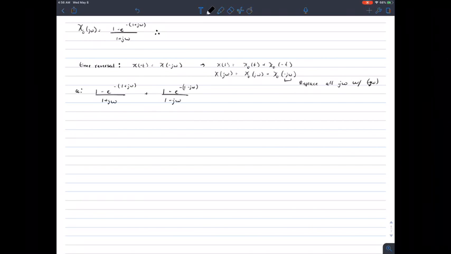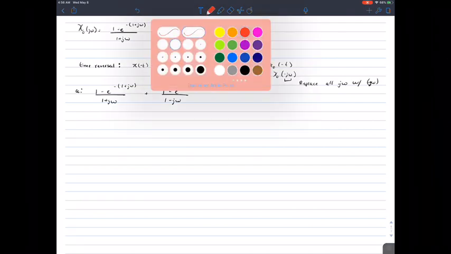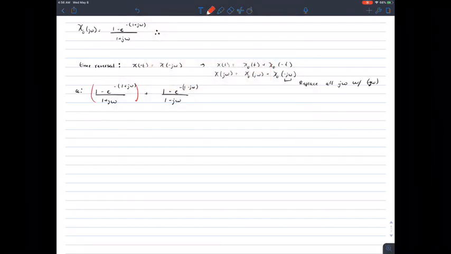Okay, so let's do it. To simplify, we're going to have to multiply this by 1 minus j omega, and multiply this by 1 plus j omega. Let's just go over here and find the common denominator.